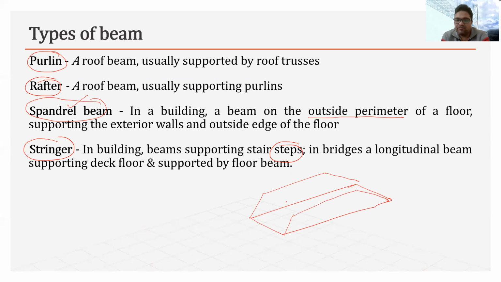In that case this will be the floor. So to support the floor, a central beam may run like this, and this beam ultimately will be supported by these beams. We can provide other beams. So these beams will be the main beams, and this longitudinal beam can be called as stringer beam, generally in case of bridge.